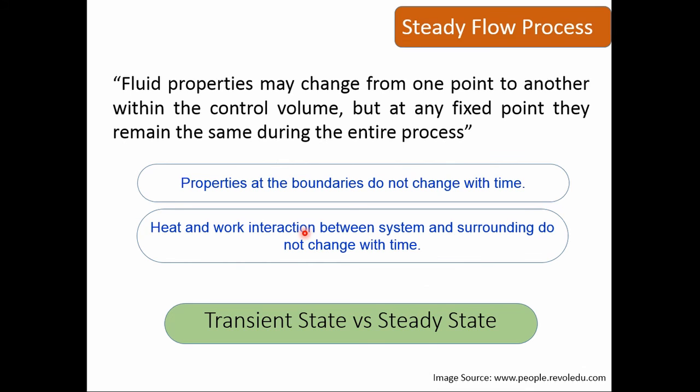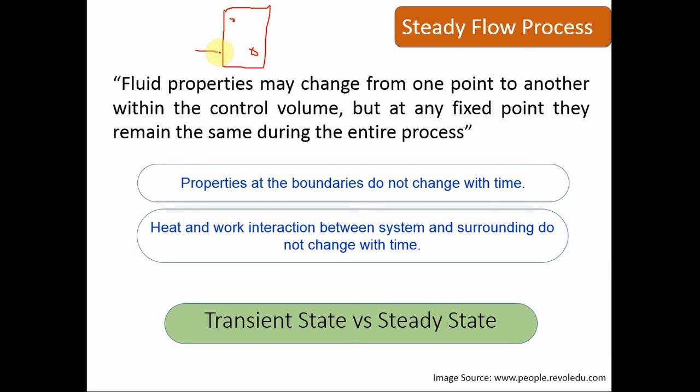A steady flow process is a process where the fluid properties do not change with time at a given particular point. So properties may change from one point to another. If you take a system like this, the properties here may be different to properties there.